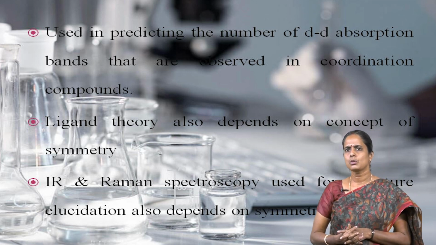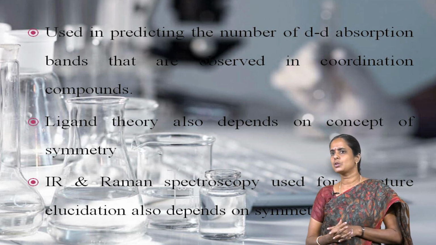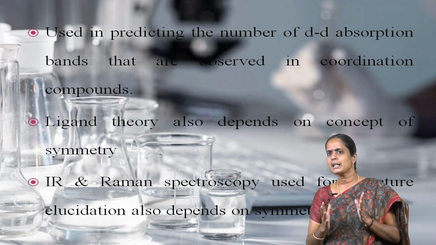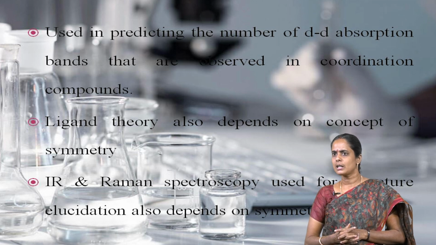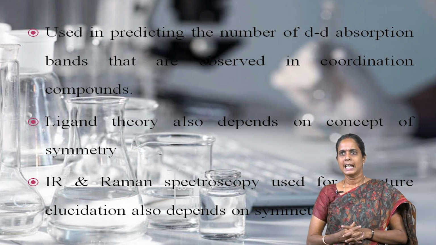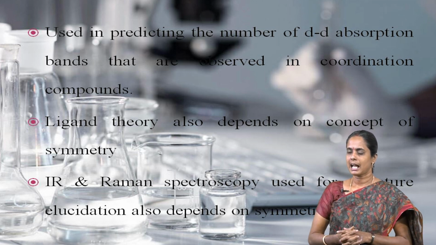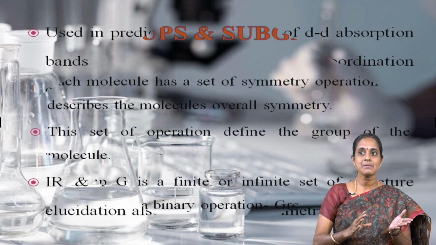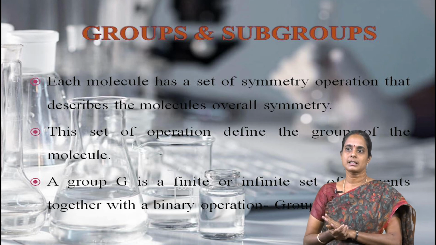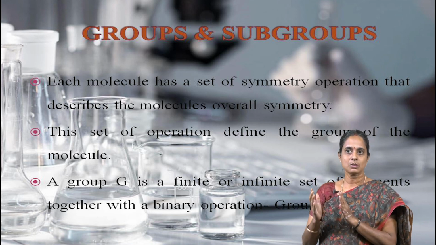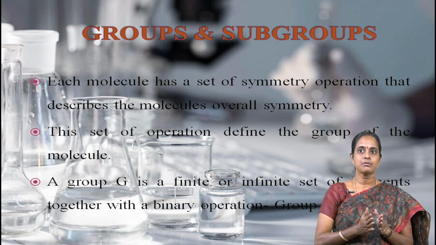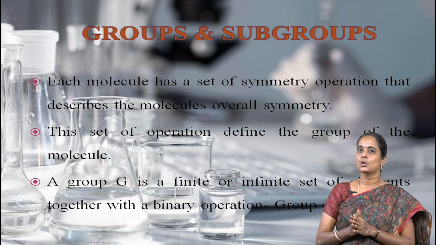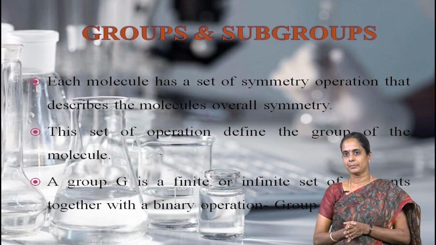Now, let us move on to groups and subgroups. What is meant by a group? A group is denoted as G. Each molecule has a set of symmetry operations that describes the molecule's overall symmetry, which is known as a group. This set of operations defines the group of the molecule.